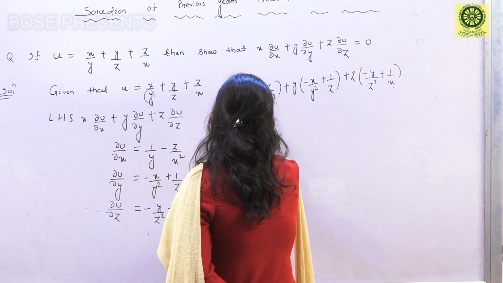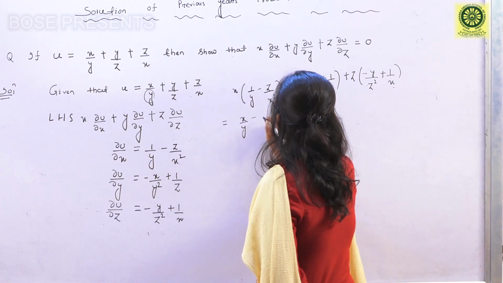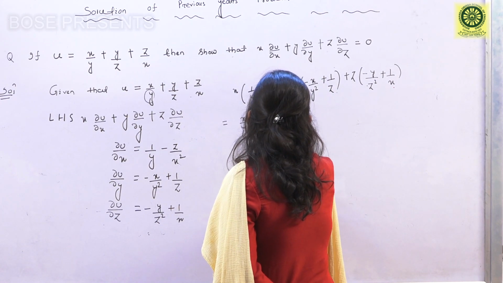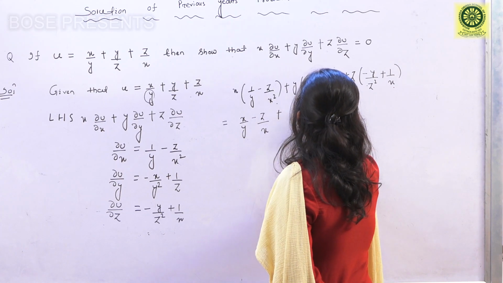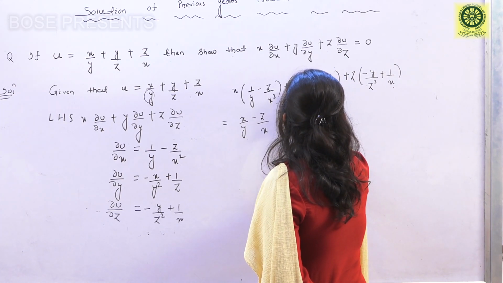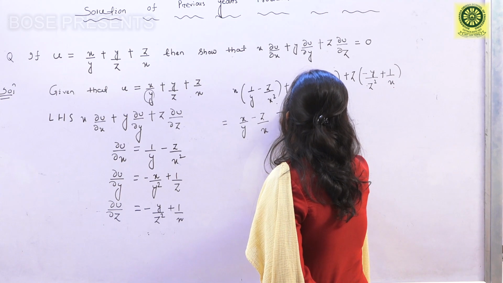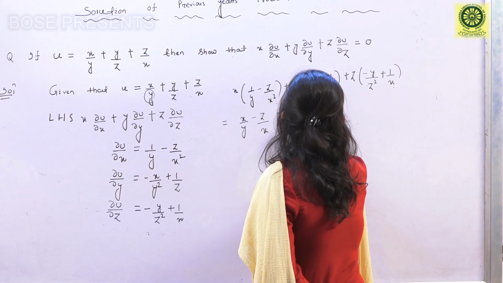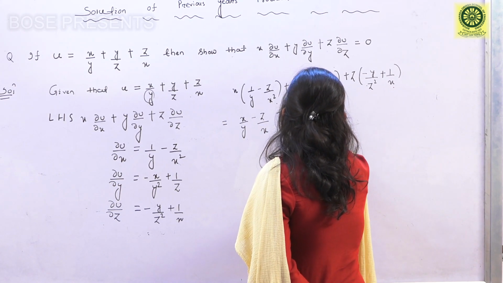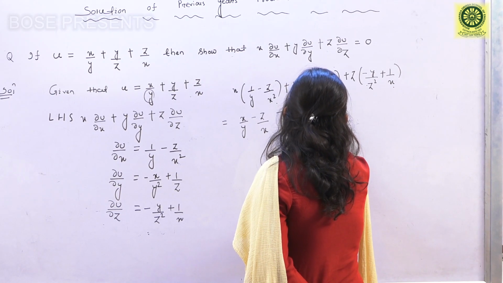x by y minus, here x cancels, so that equals z by x. Similarly here y cancels, plus into minus gives minus, so x by y, and this equals plus y by z.